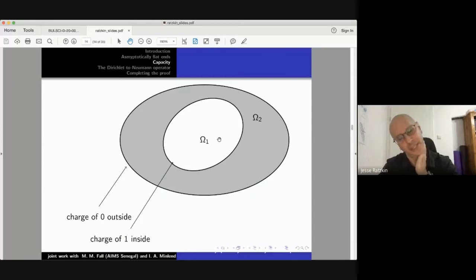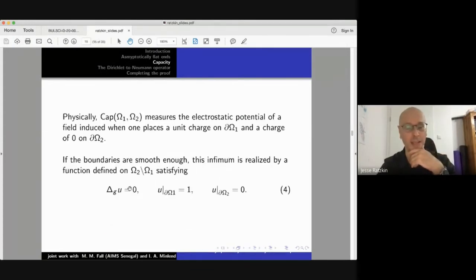And there's a picture. Then if you write down what that is variationally, you basically do an Euler-Lagrange computation. You find that there's a function realizing this infimum, and that function will be a harmonic function.